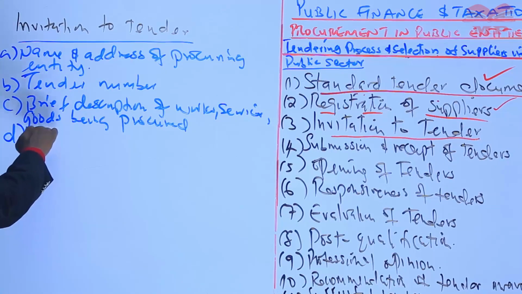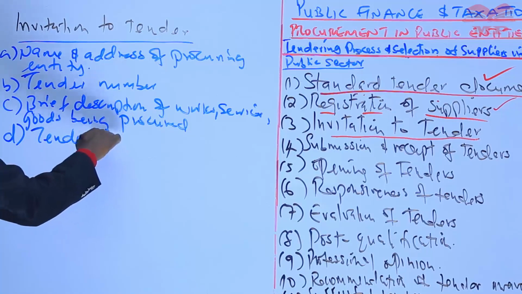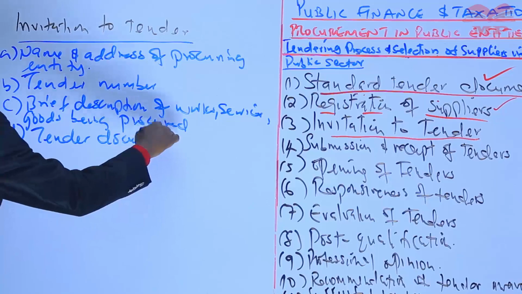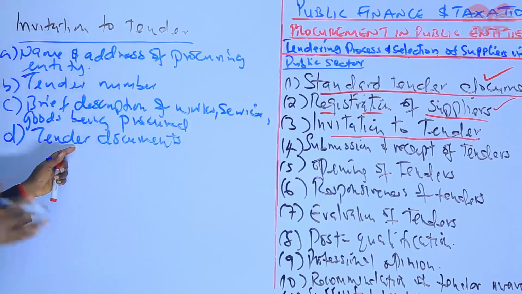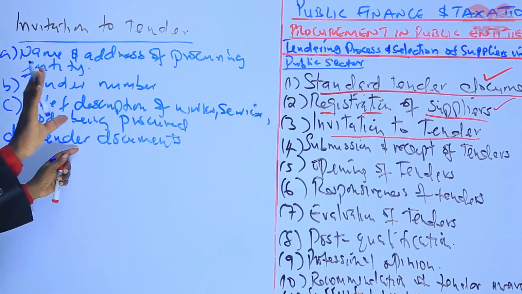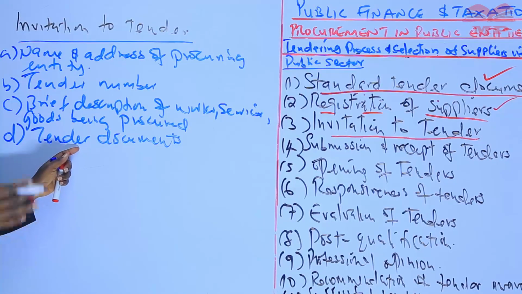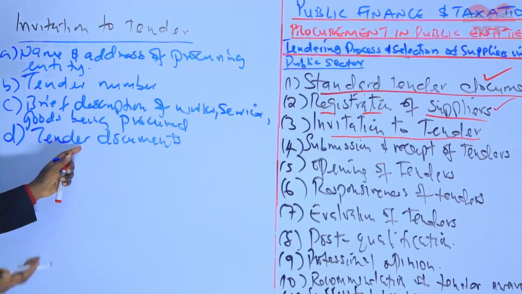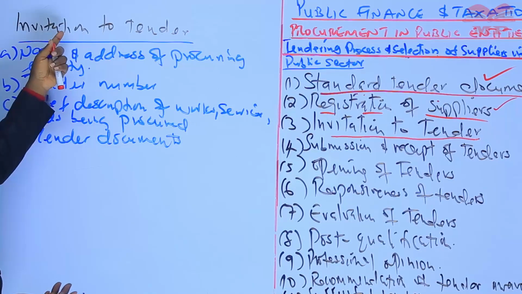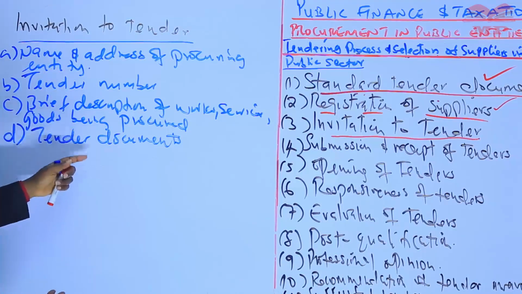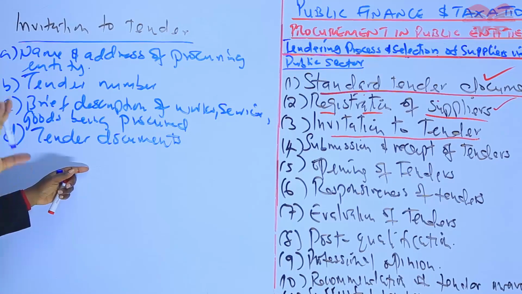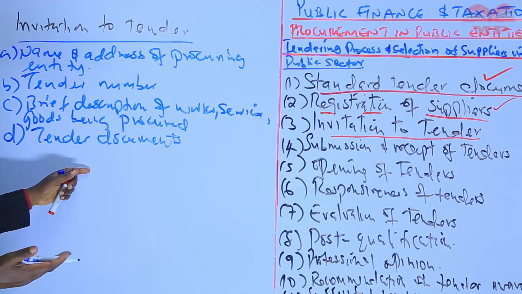D, tender documents. There ought to be an explanation of how to obtain the tender documents, including the amount of any fee, if any. So we are talking about invitation to tender, and I'm explaining what the accounting officer should set out.